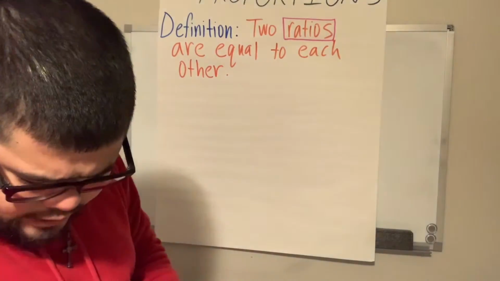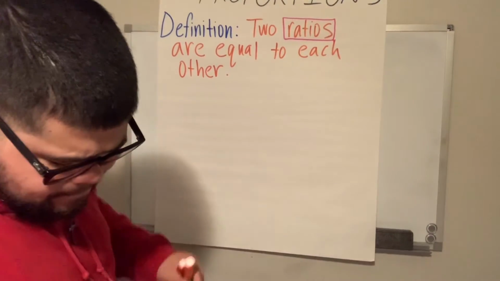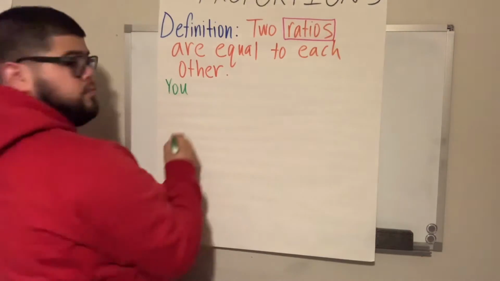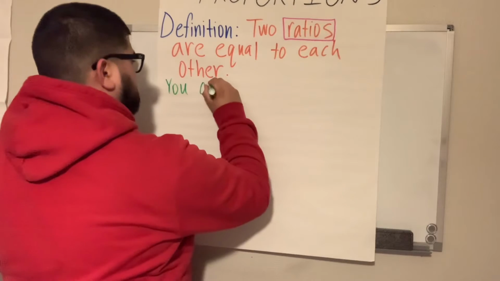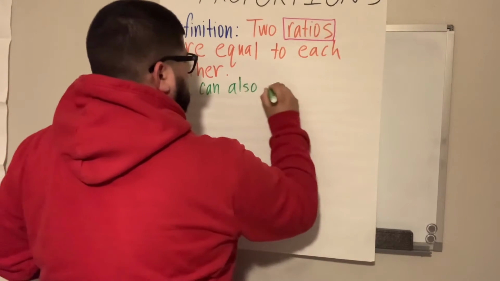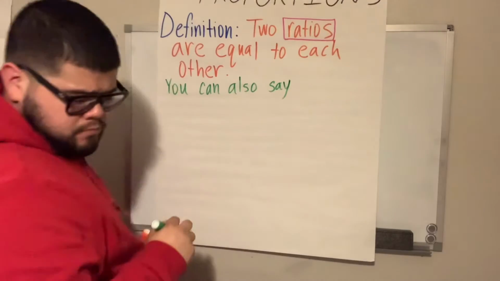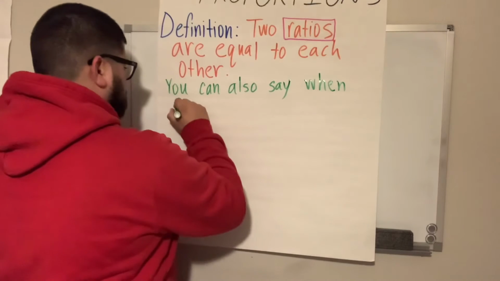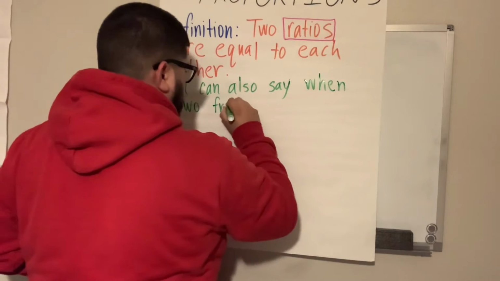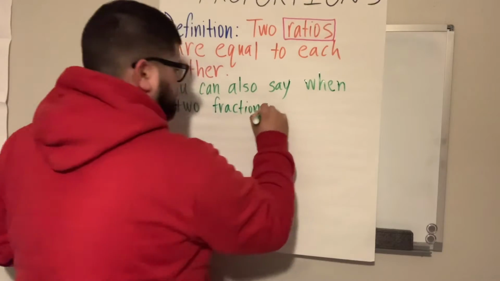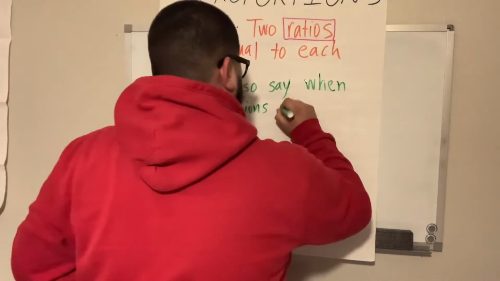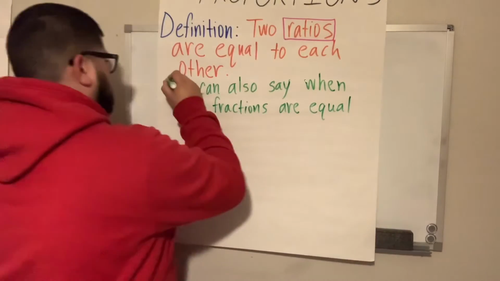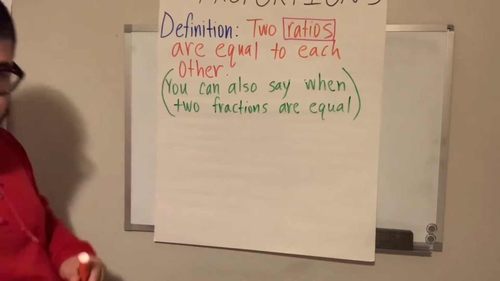And then you can also say, write that down here, you can also say when two fractions are equal. Okay, and I'm going to put that in parentheses right there.